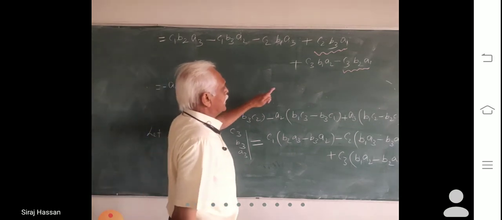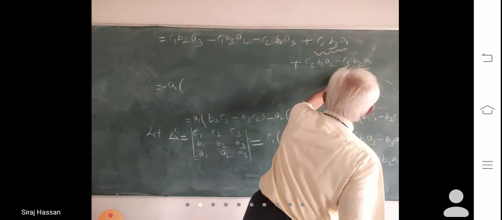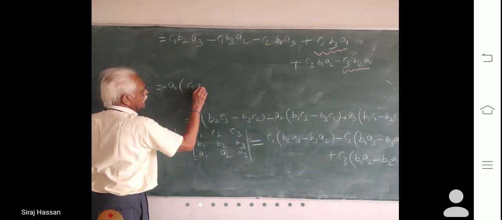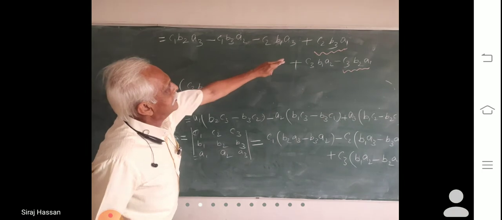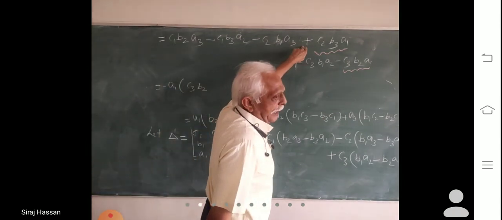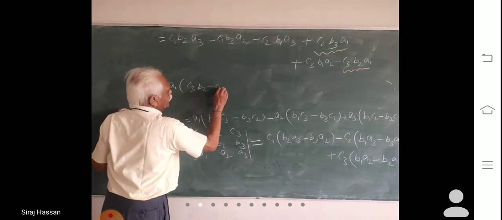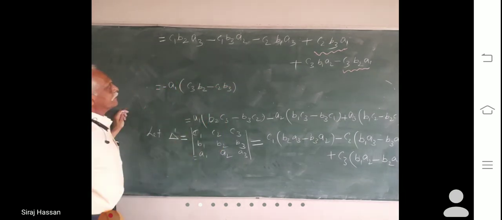If you take out minus A1 common, you will be getting C3 B2, and this plus is minus into minus, one minus has come out, so you are left with minus C2 B3.